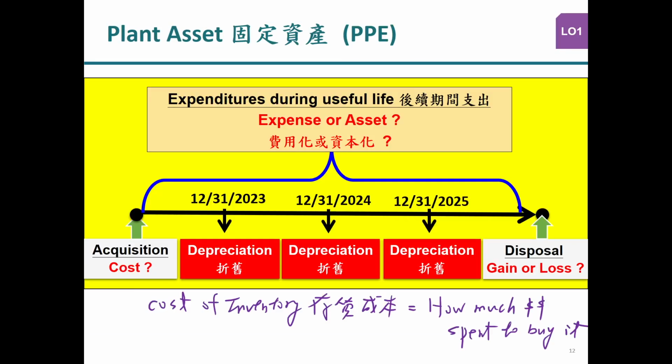Cost of inventory from chapter 5, how to determine it? Fiona?